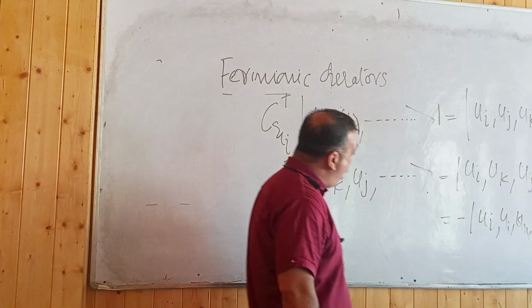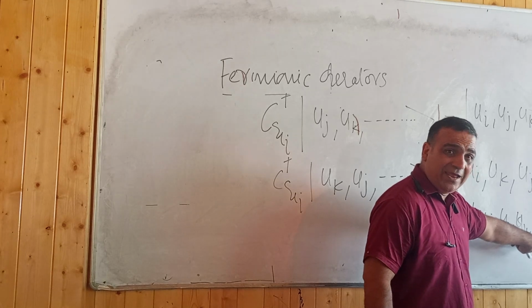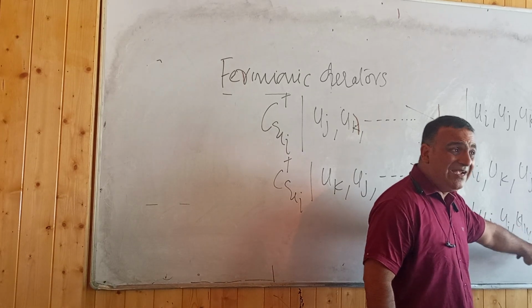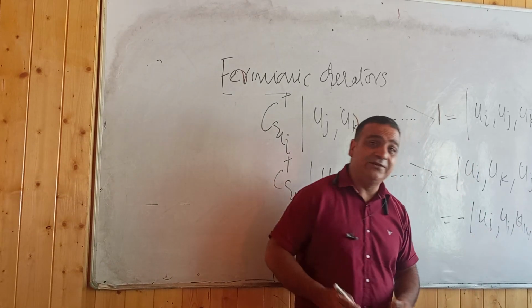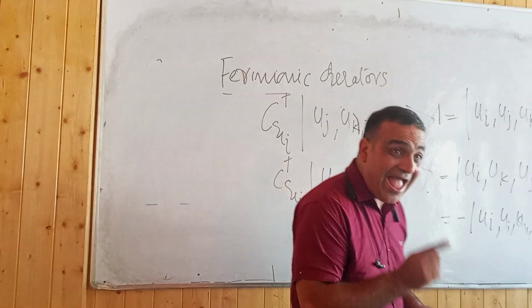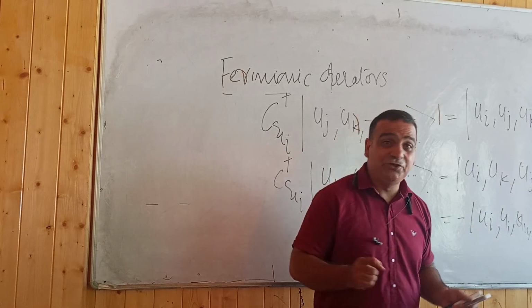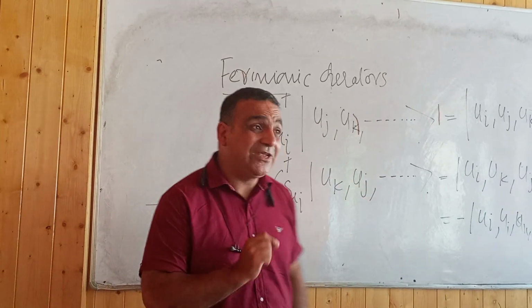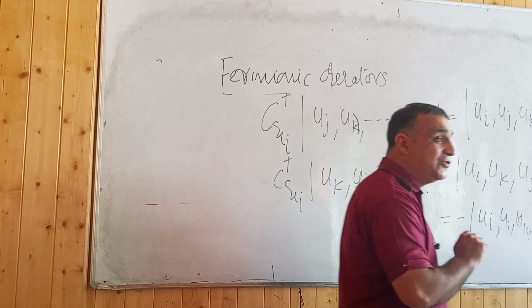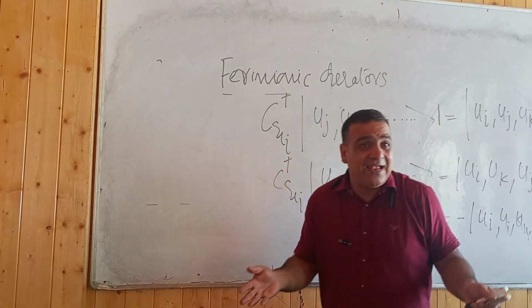They can be equal only if you interchange the position of Ui and Uj, leading us to have a negative sign. So here you see, you have to take care of the order of your states. If you change the order, you have to introduce the negative sign.